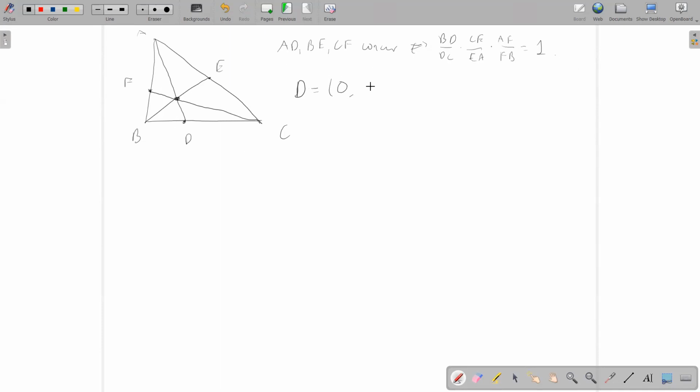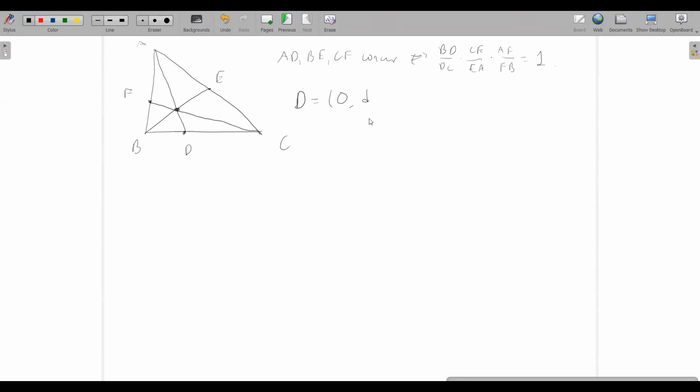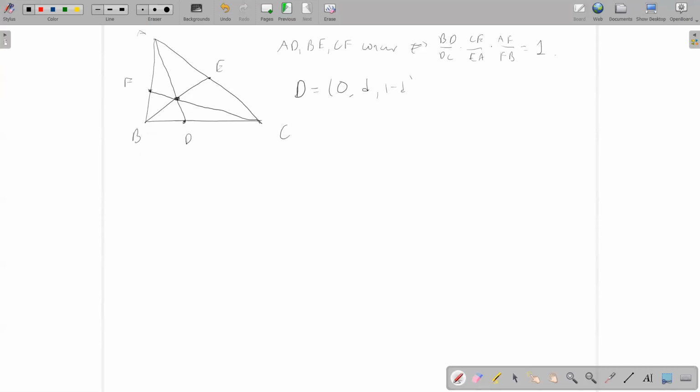Since it's all in BC, the A coordinate is 0 and has some Y coordinate D. And then since they add to 1, the Z coordinate will be 1 minus D. Therefore, the equation of line AD, as we saw before, is Vy plus Wz equals 0, plug this in, Vd plus W times 1 minus D equals 0.